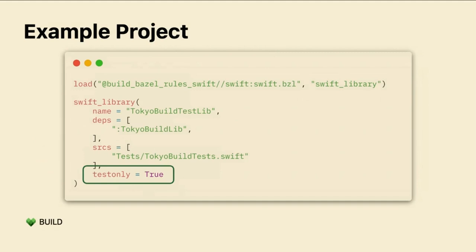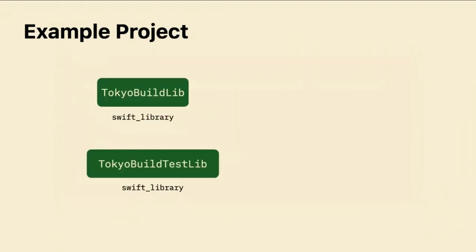It actually comes from the common Bazel attributes, and it forces the target to be used only for test purposes, so it can't be released to production. But inside the Apple rules or Swift rules, it actually adds the XCTest framework to the link options, which allows us to write tests inside this Swift library.